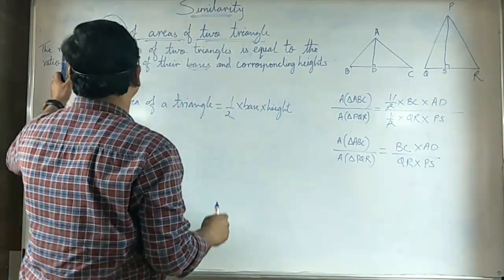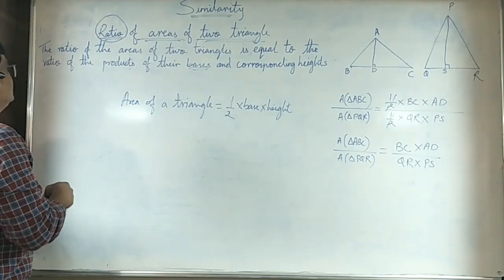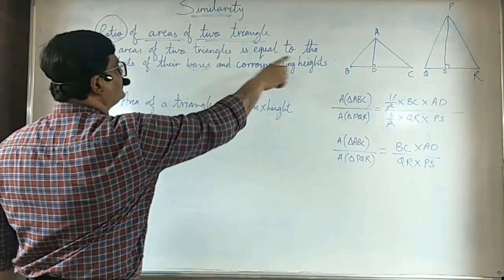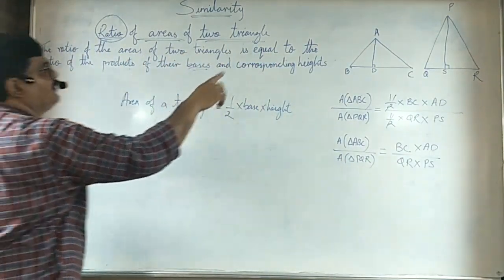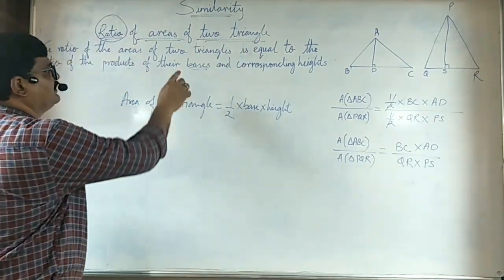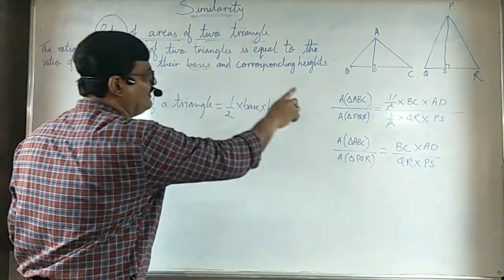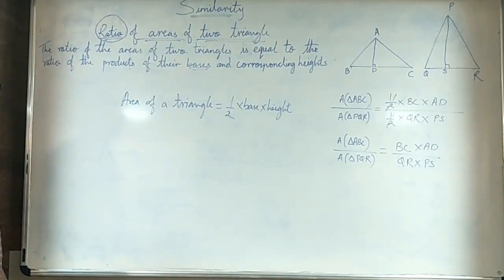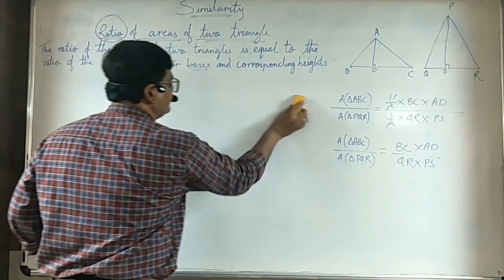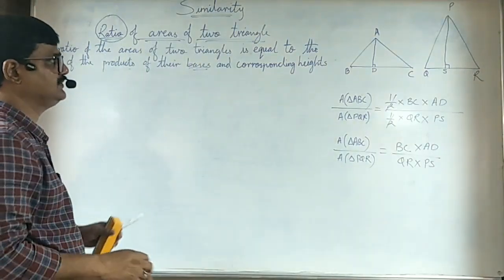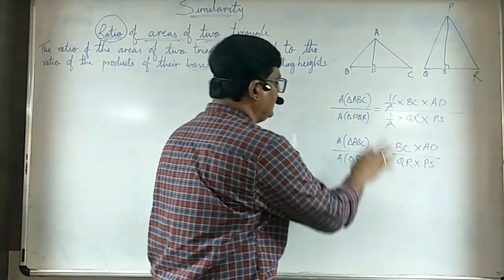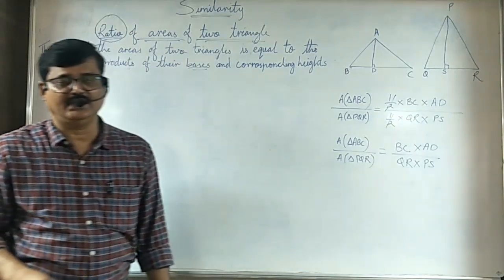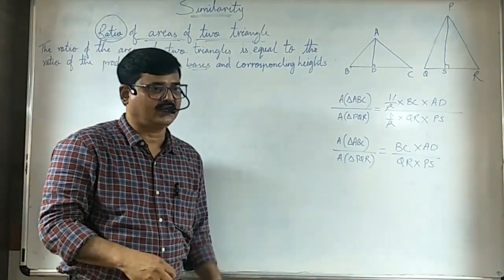So the property is saying that the ratio of the areas of two triangles is equal to the ratio of the product of their bases and their corresponding heights. This is what I got over here. I have given you the names of the triangles, triangle ABC and triangle PQR.